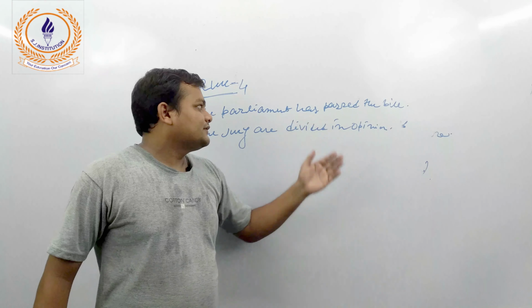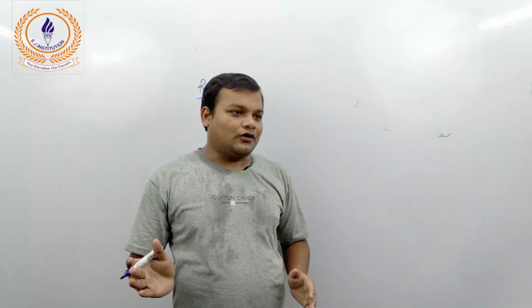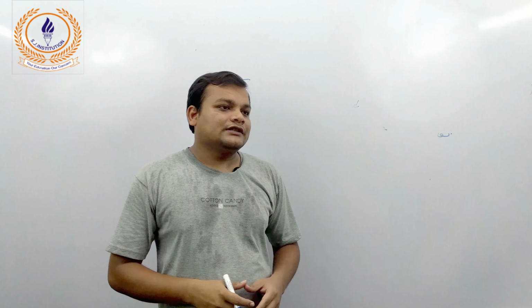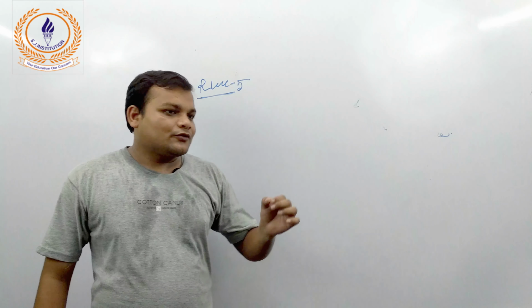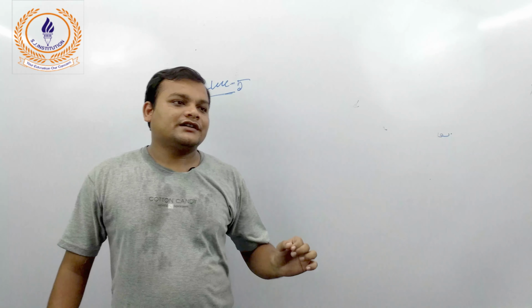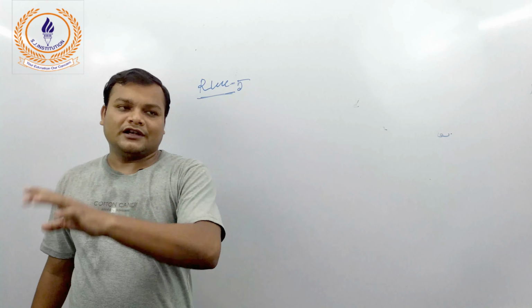Next, rule 5. When two nouns are connected by or, either or, neither nor, not only but also, the subject closest to the verb determines the verb whether it is singular or plural.